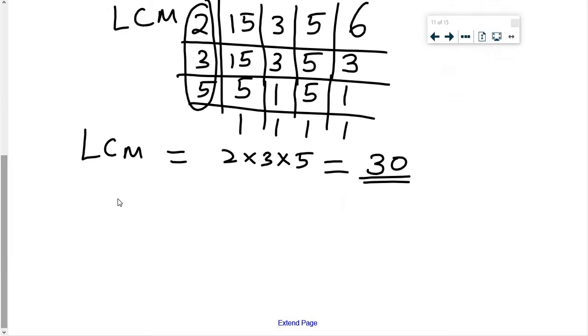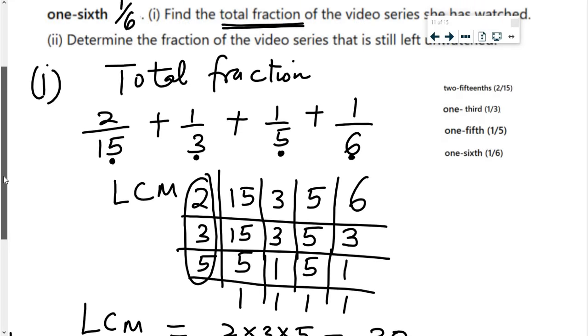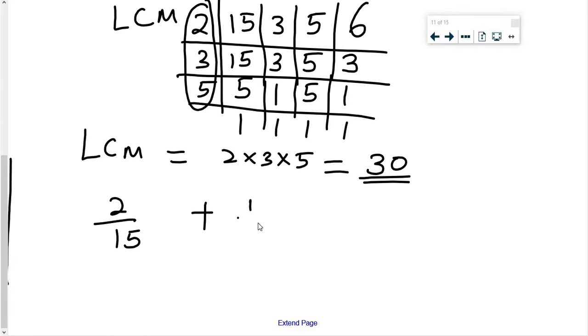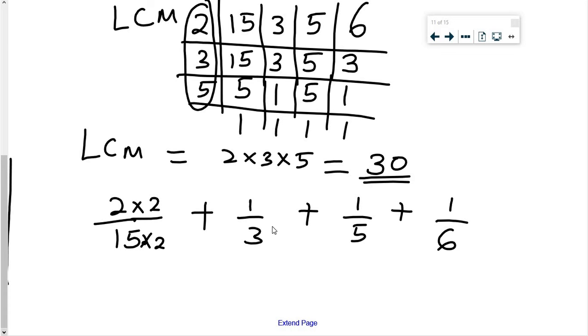After getting the LCM, make these denominators the same. So we have 2/15 plus 1/3 plus 1/5 plus 1/6. Now, how do we turn this denominator into 30? Multiply by 2 here, multiply by 2 here.